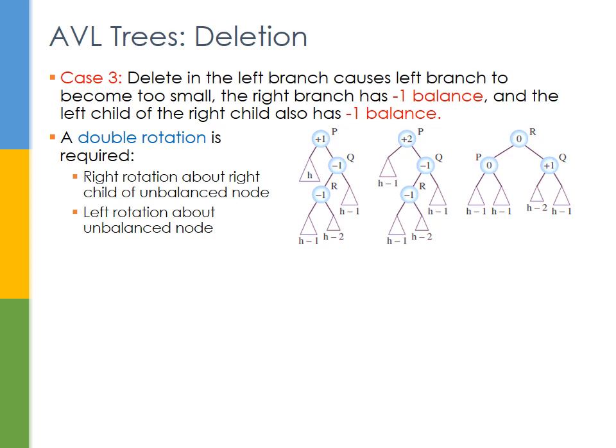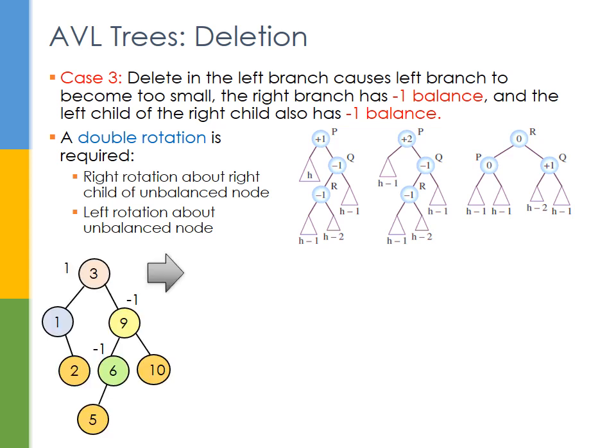So we perform a right rotation about the right child of the unbalanced node, and then a single left rotation about the unbalanced node. So let's look at what this would look like in an example tree. Over here we have an AVL tree which is balanced, and we are going to delete the node containing the value 1 from the tree.